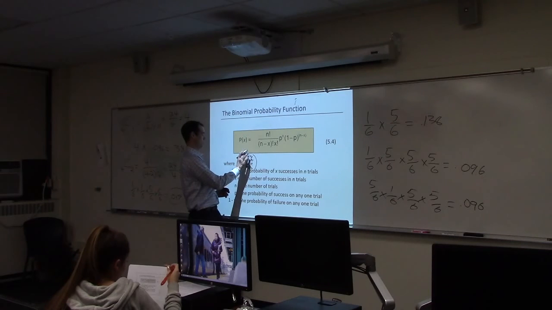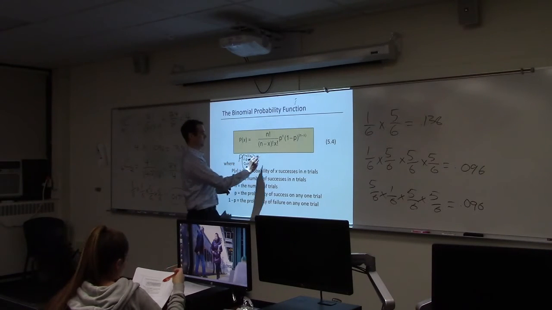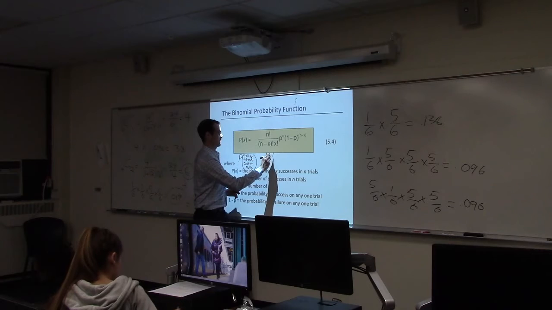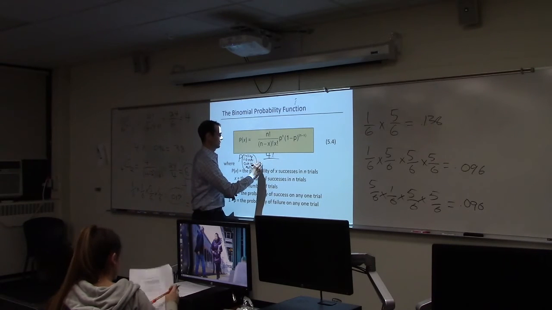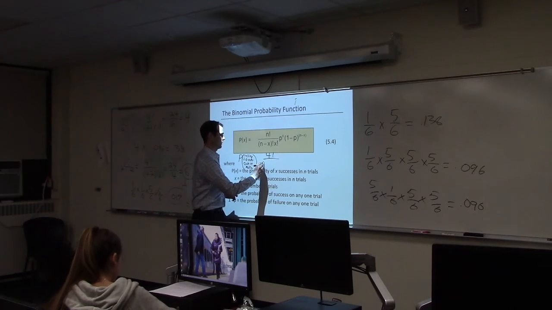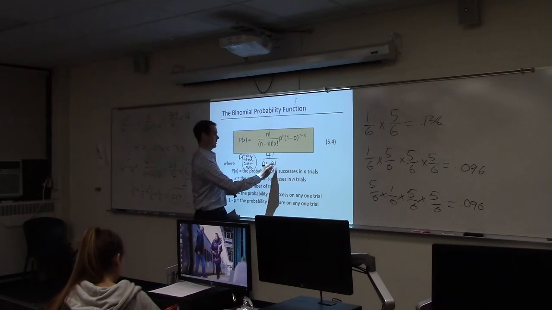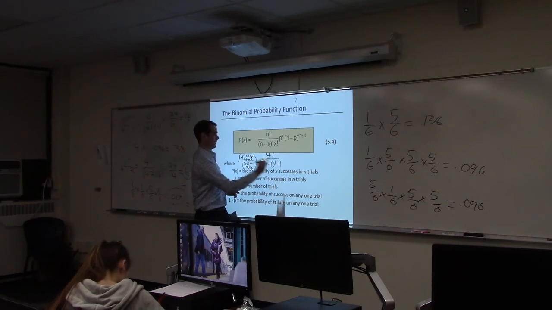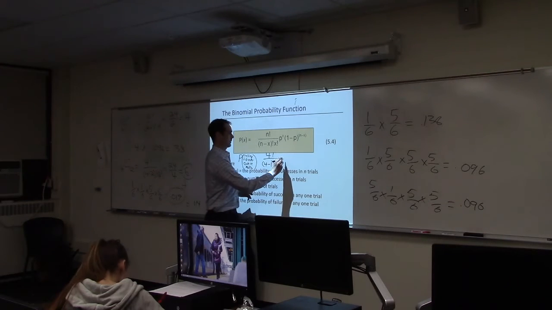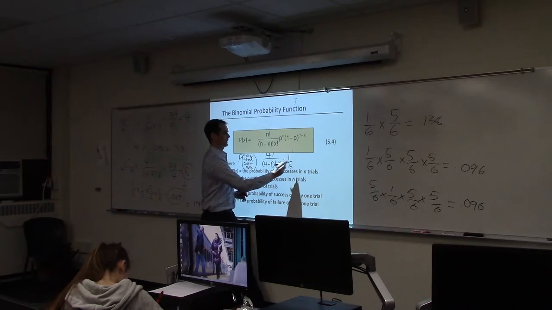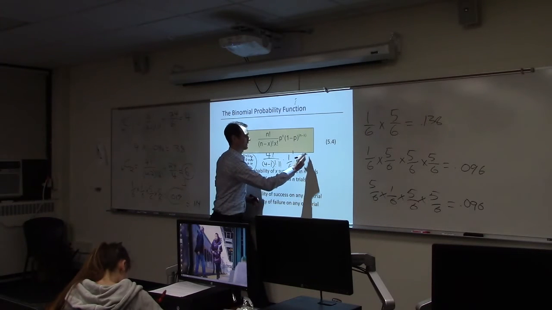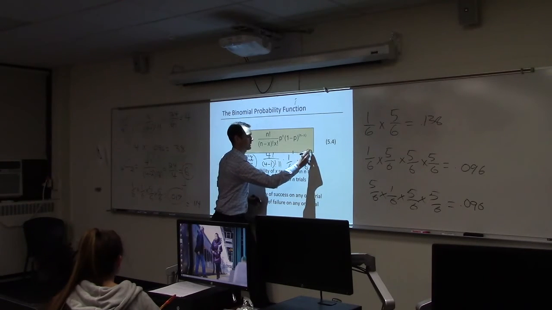We've got 4 factorial over 4 minus 1 factorial, 1 factorial, times 1/6 raised to the 1, times 5/6 raised to the 3.